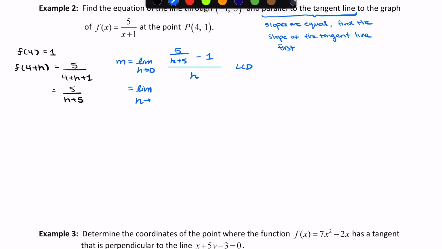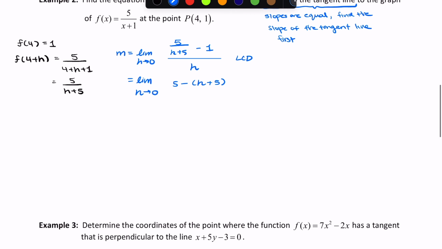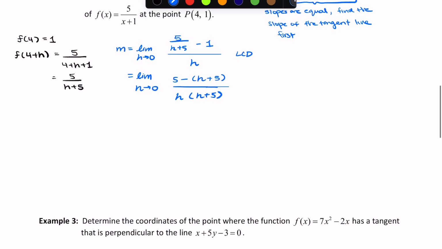So here, the limit as h approaches 0 of 5 minus (h plus 5) over h times (h plus 5). Okay, so here we have the limit as h approaches 0.